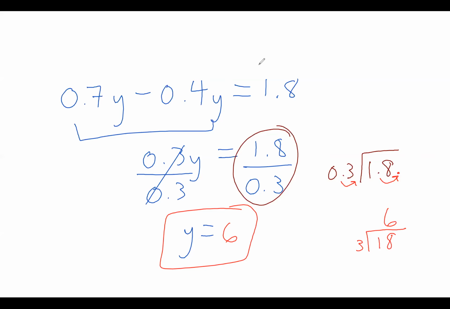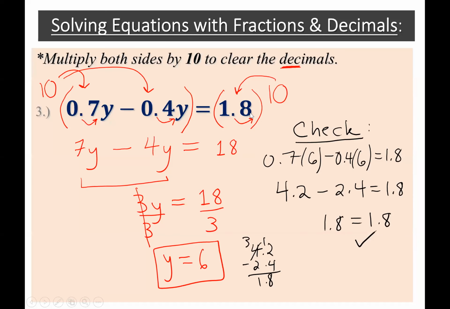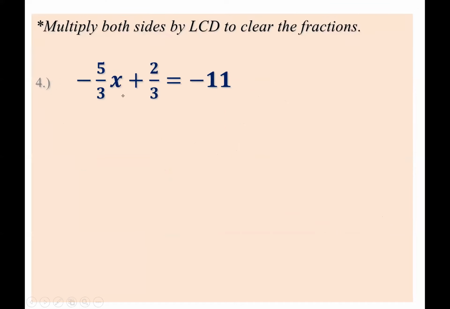Okay, let's go back. So that's an example of clearing decimals by multiplying by 10, and if your decimals have more than one digit after them, you might multiply by 100. Whatever you do, do it to both sides. All right, let's move on. And let's look at some fraction questions.